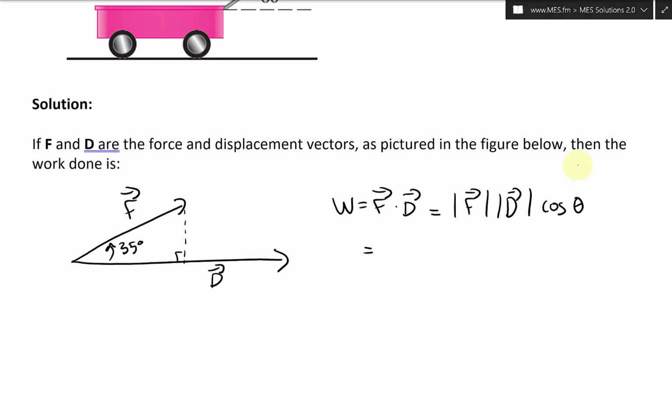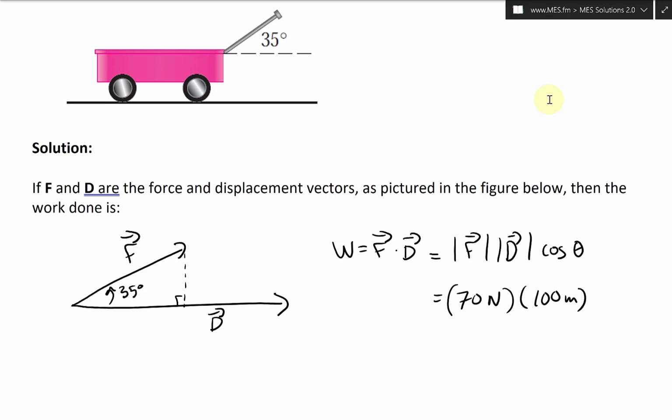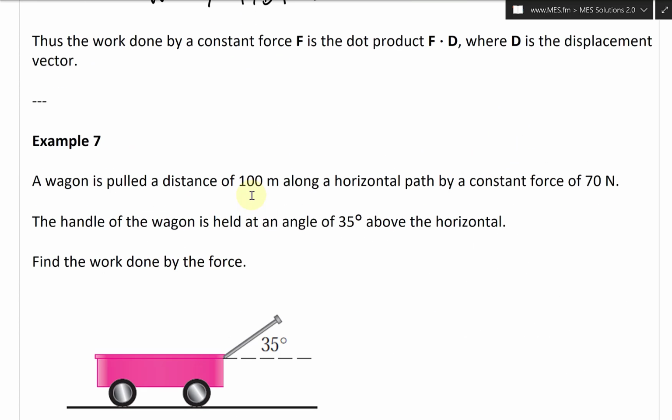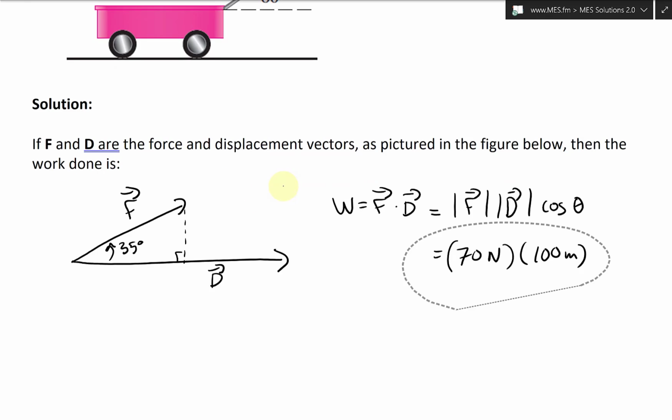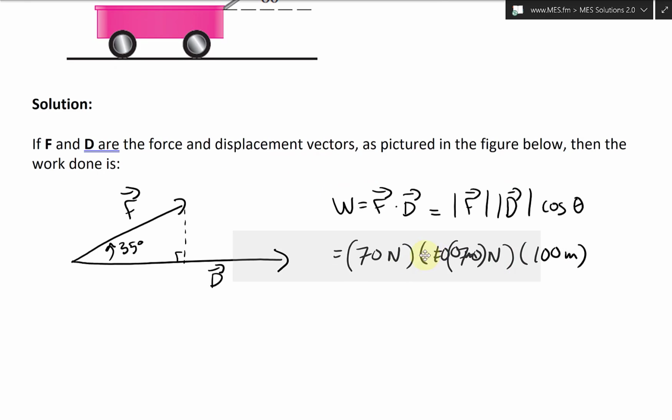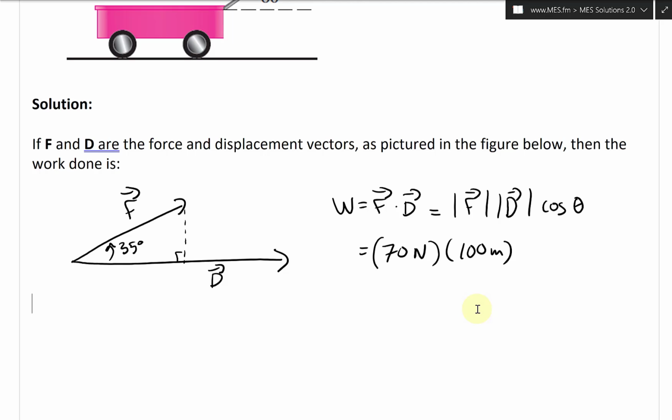This equals 70 newtons times 100 meters, and I'm going to move this here to have some more space, and then times cosine 35 degrees.